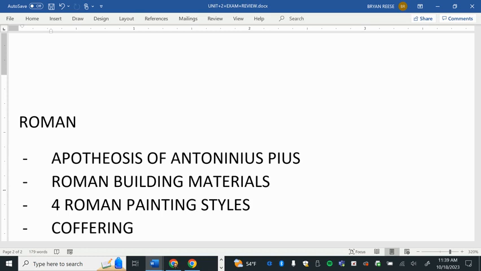In the Pantheon, it was squares. Remember that in the ceiling? And in the Basilica Nova, it was either hexagons or octagons that were up in the ceiling that made it lighter.